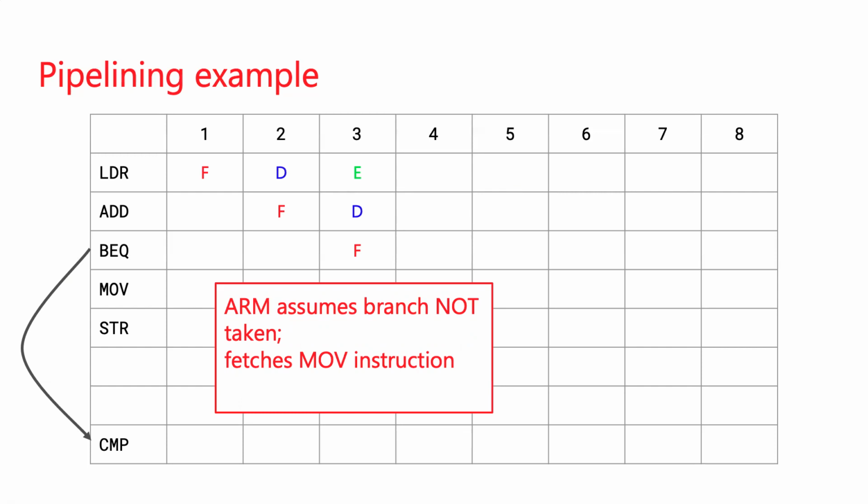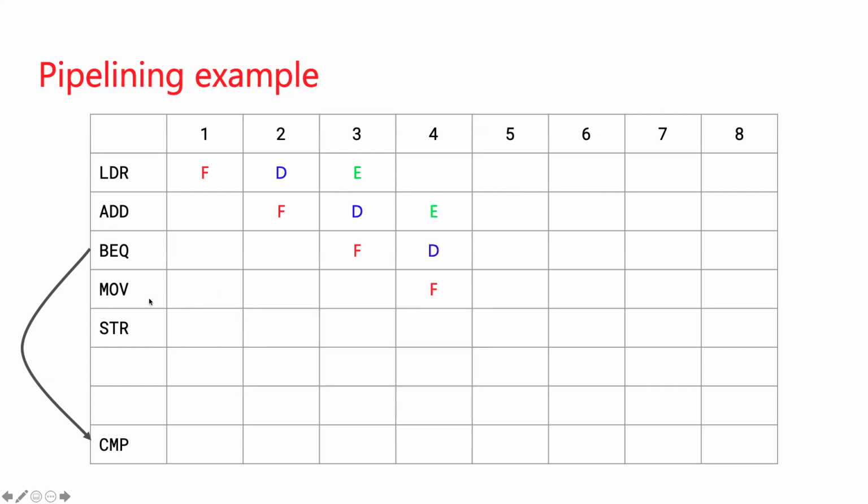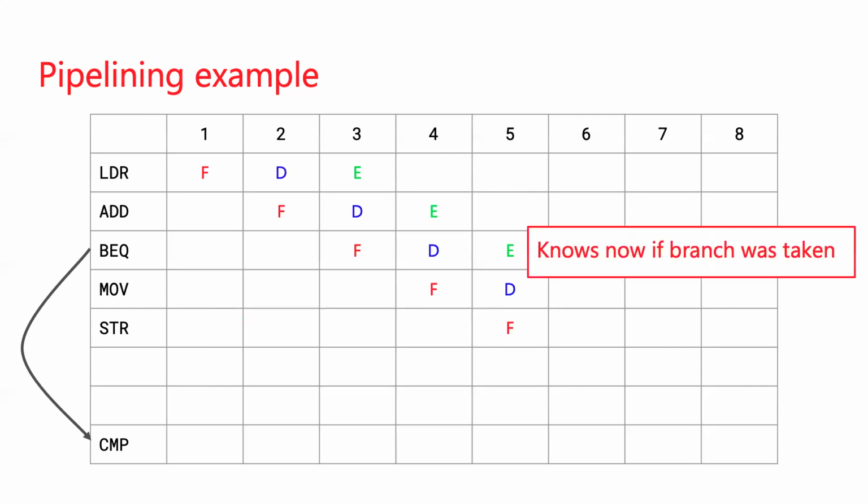Early ARM just assumed that the branch did not get taken, so it would just go get the next instruction in memory. And then if it was wrong, when that branch instruction actually got executed, that's when we know whether or not we should have gone this way.